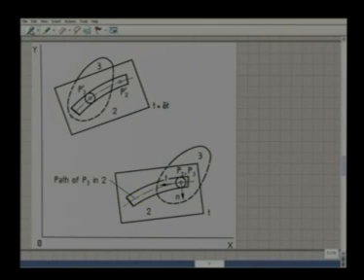So we consider two rigid bodies, number 2 and 3. We consider instantaneously two coincident points, say P2 and P3. At this instant, P2 and P3 are coincident, but P2 belongs to body 2 and P3 belongs to body 3. This is the configuration of these two bodies at say time instant t.